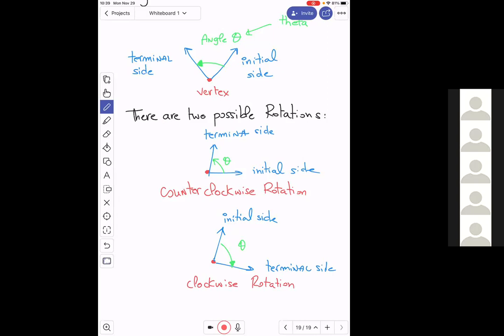By convention, guys, if you have a counterclockwise rotation, you get a positive angle. And when you have a clockwise rotation, that's a negative angle.